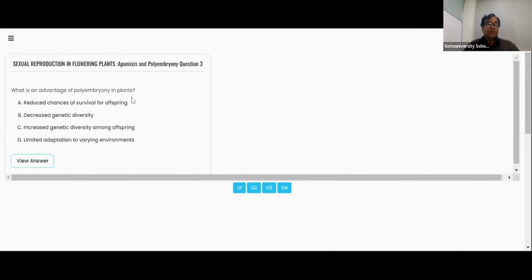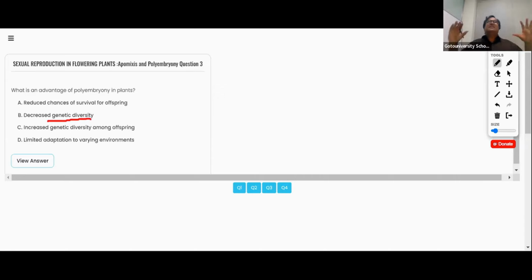The advantage of the polyembryonic plant is decreased genetic diversity. Why? We need less variation. Yes, of course, we need less variation in certain cases. The reason is I need a pure superior breed for many generations. For example, we found out custard apple of South Africa is quite amazing in curing stomach cancer.